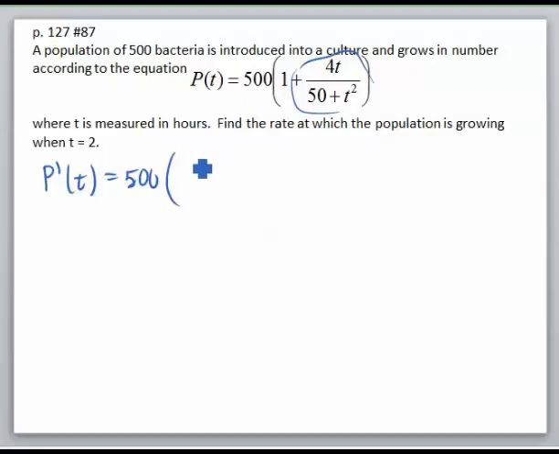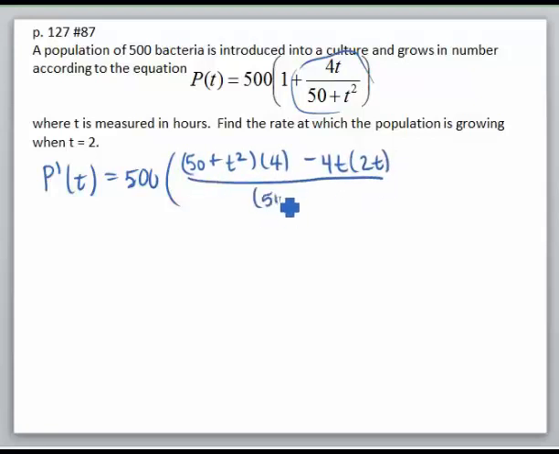The derivative of 1 is just 0, and then here you have a quotient rule. So we've got bottom times the derivative of the top, which would be 4, minus top times derivative of the bottom, all over bottom squared. Now it looks like a mess, and if you want to clean it up a little bit, we can.